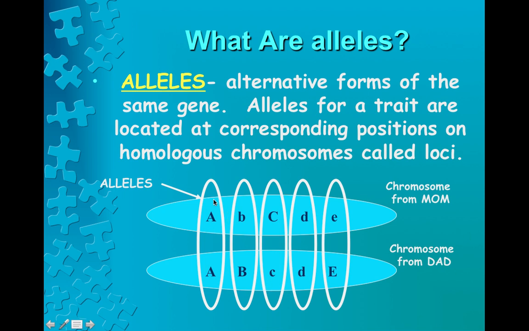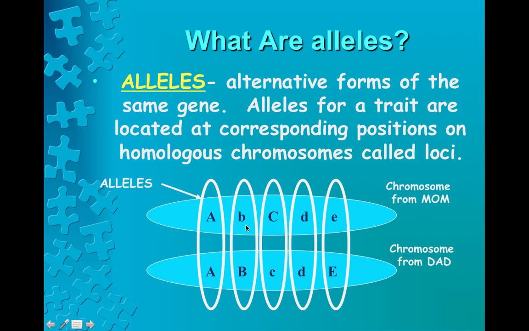So here's a stretch of DNA, a sequence of A's, T's, C's, and G's on mom's chromosome that she has now passed to her child. And let's just say that that allele happens to be for brown eyes, okay? So mom's giving the dominant and dad is giving the exact same sequence of A's, T's, C's, and G's for brown eyes. They are located at the exact same location on the exact same chromosome.